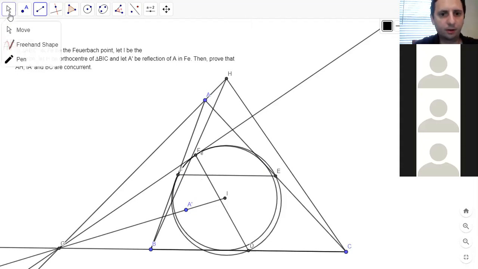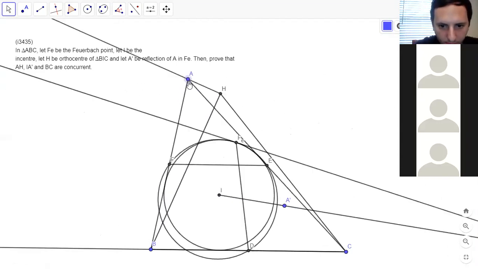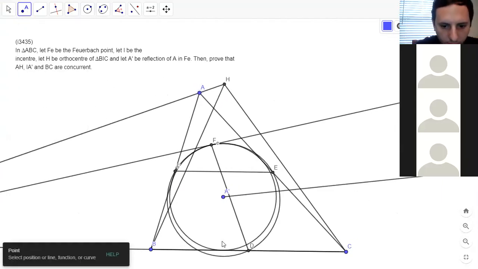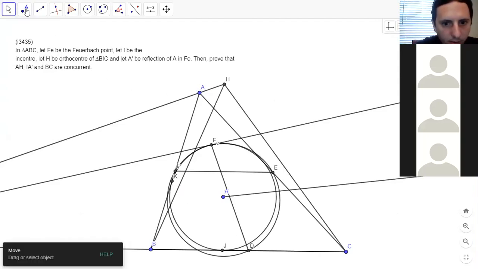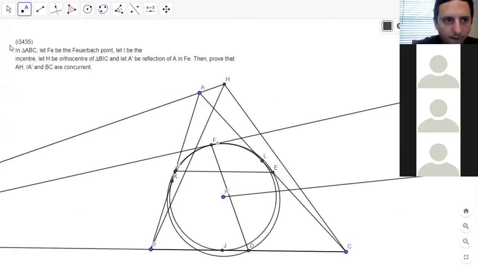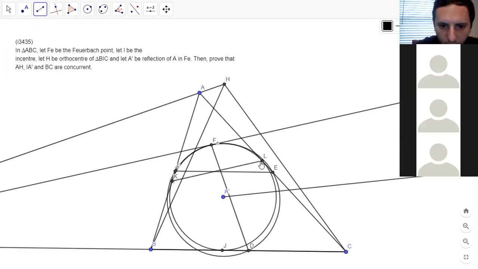Sorry, it looks like a contestant is jumping back on. So we want the points of tangency of the incircle. Sorry, I just moved the diagram so that I could draw them more easily. That's J, and then we have this point, K, L. So you're saying KL passes through that. Wait.